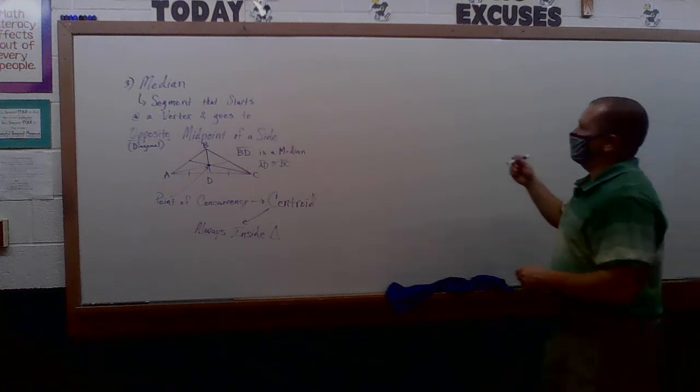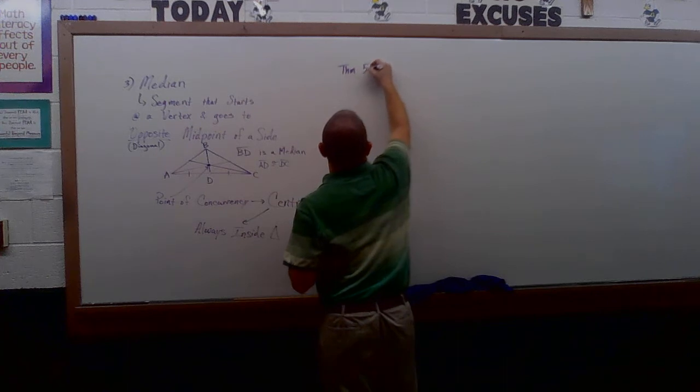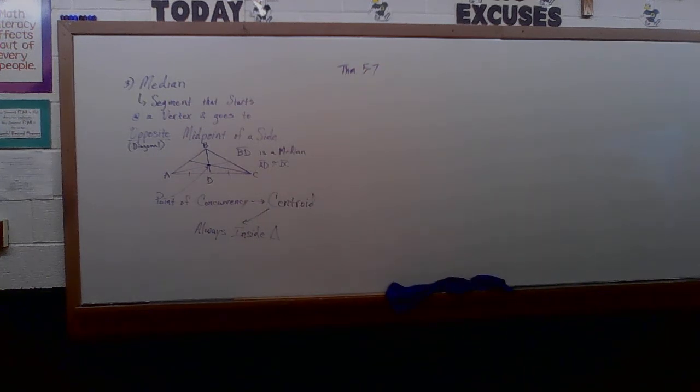So it leads us to our first theorem for today, which is 5-7. So again, it says that the medians of a triangle intersect at the centroid, which we just kind of explained right there.